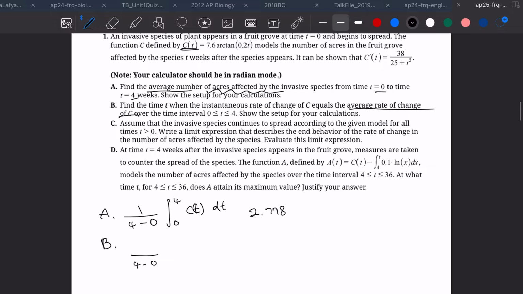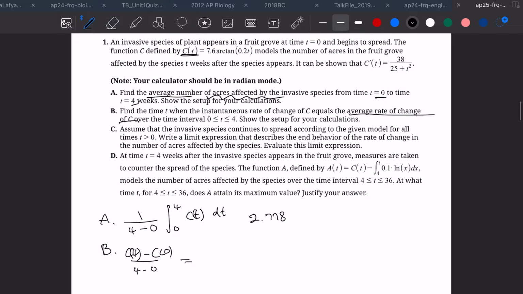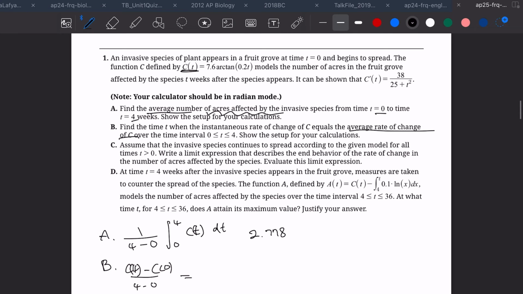And now we're finding the average rate of change instead of the average number of acres. So we would write c of 4 minus c of 0. And then it says that equals the instantaneous rate of change. And we have c prime right here, which is 38 over 25 plus t squared. Now we have to find t here.